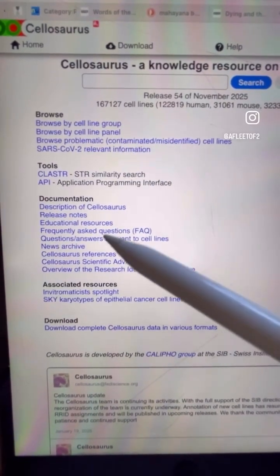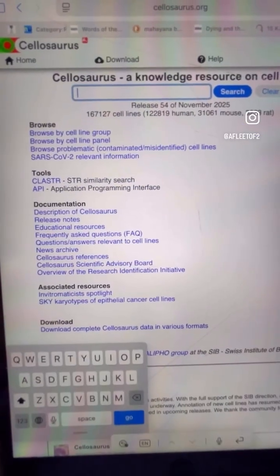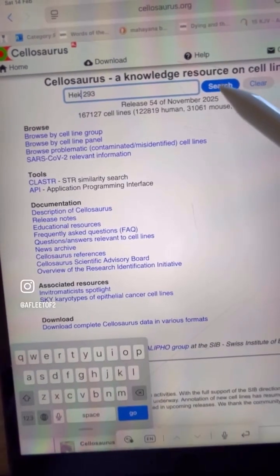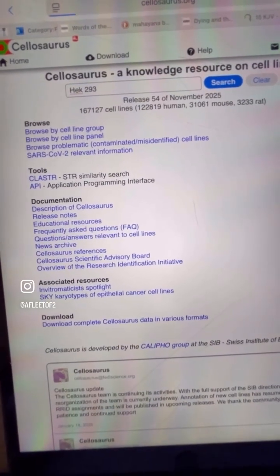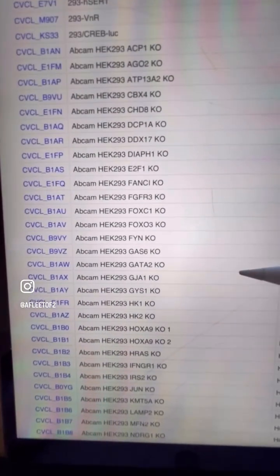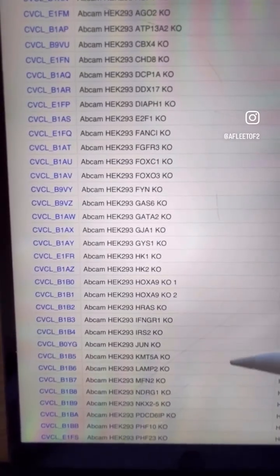So you get all of this information, so many different variations of that.